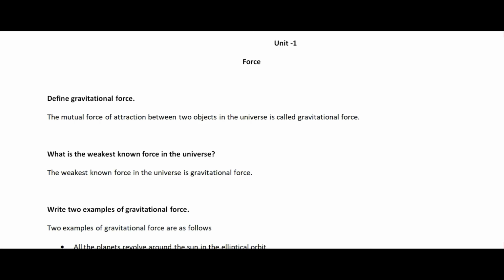It means there is force of attraction between any two objects in the universe. For example, there is force of attraction between a desk and a bench of your classroom. That means the desk is attracting the bench, the bench is attracting the desk. There is attraction between the desk and bench of your class.